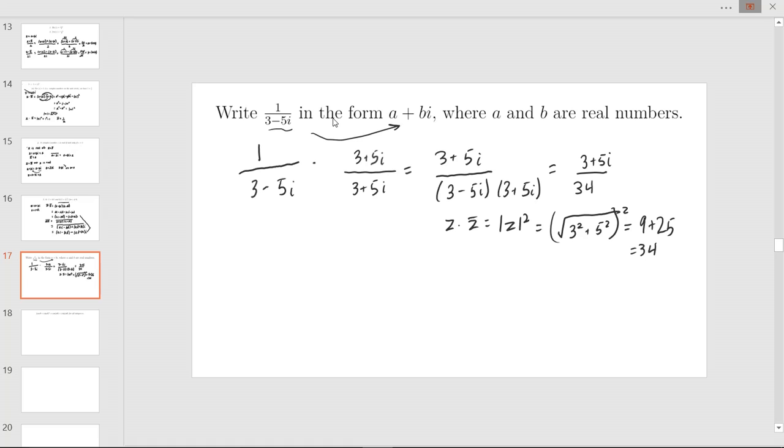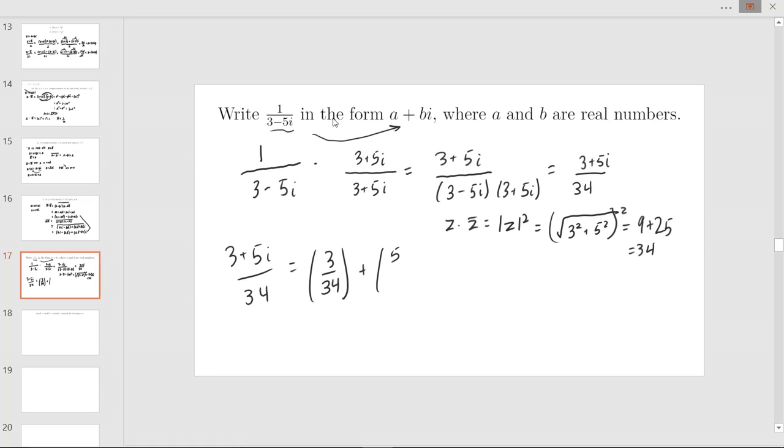And writing this in the desired form, we have (3 plus 5i) over 34, so our real part is 3 over 34, and our imaginary part is 5 over 34. So in general, you just want to multiply by the conjugate of the denominator in both the numerator and the denominator. These properties that we just went over show that introducing complex conjugates can really be useful to simplify complex number expressions.